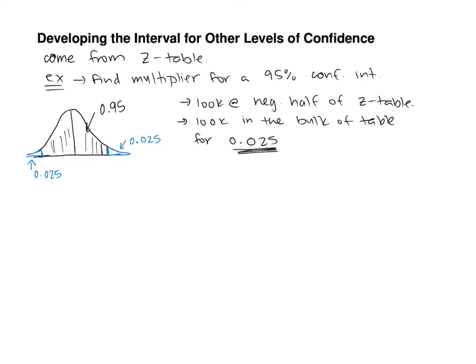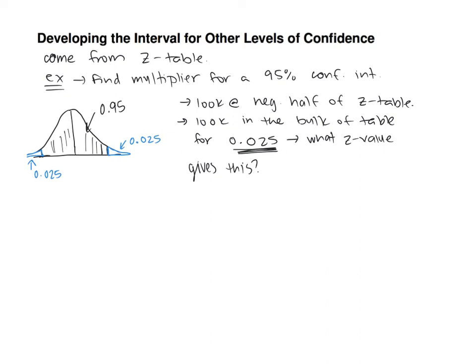Search through there until you find 0.025. And then what you're going to do is a little bit backwards. You're going to tell me what Z value gives this.